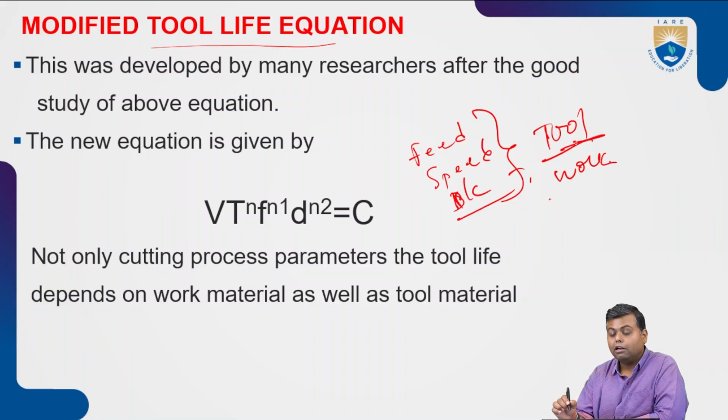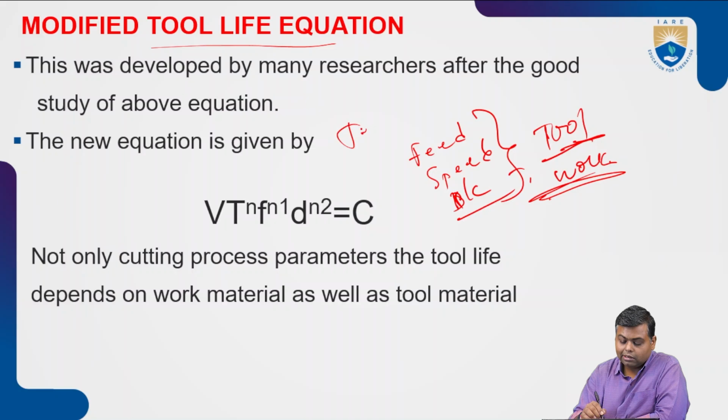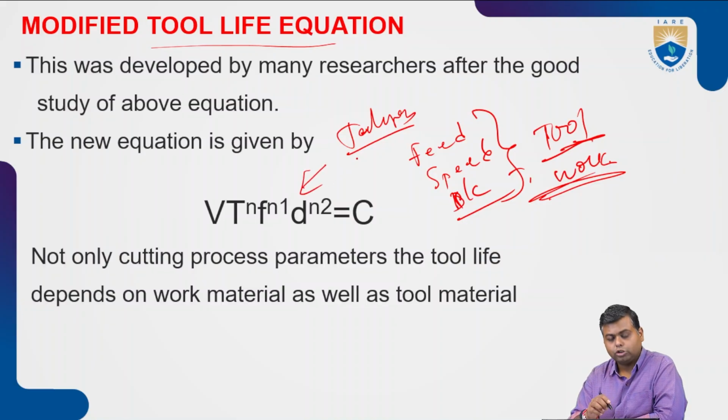Tool material is very important, and work material also plays a major role in defining the tool life. Taylor gave the relation with only cutting speed. The modified tool life equation includes feed and depth of cut, which also play a major role in defining the tool life.